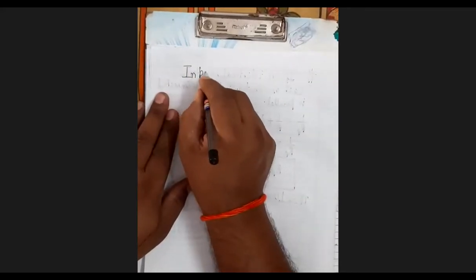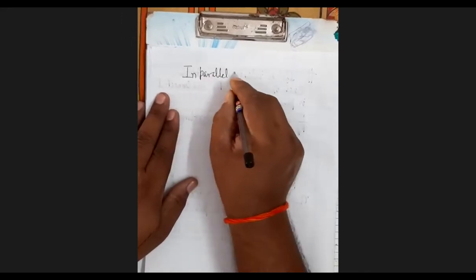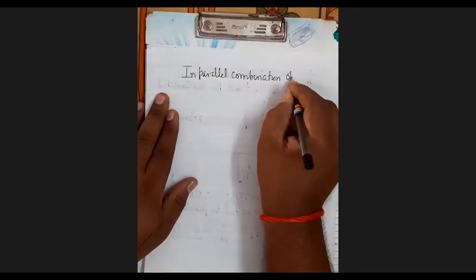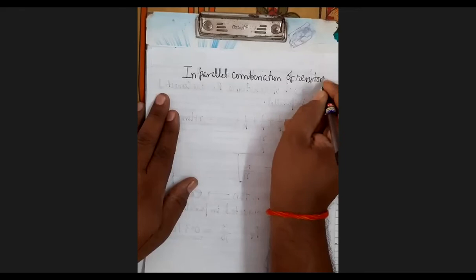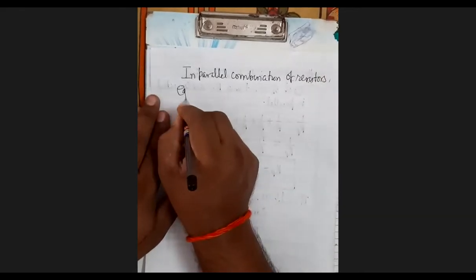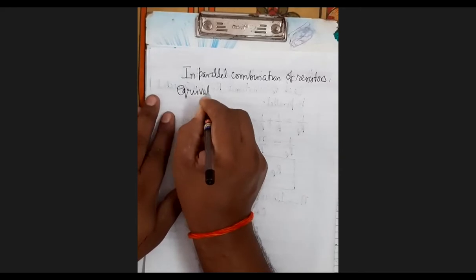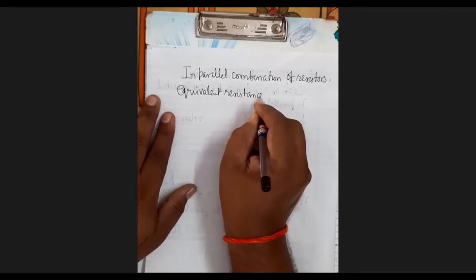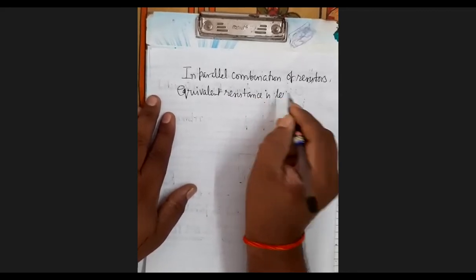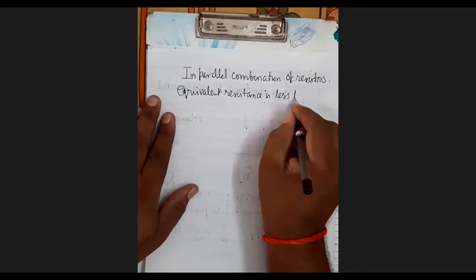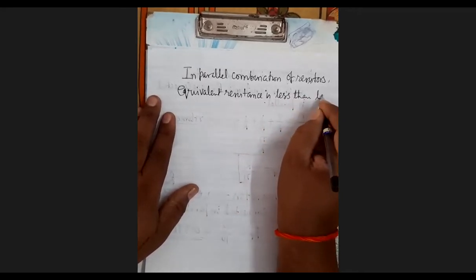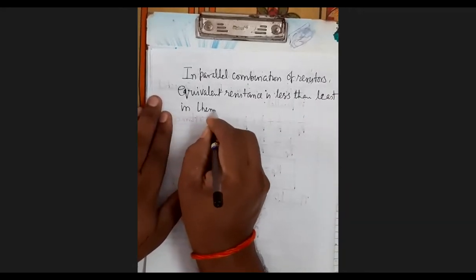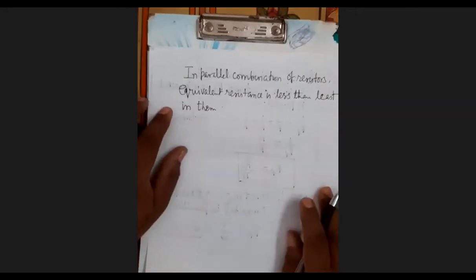In a parallel combination of resistors, the equivalent resistance is less than the least in them.